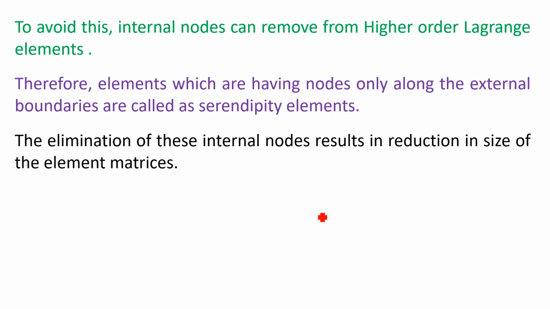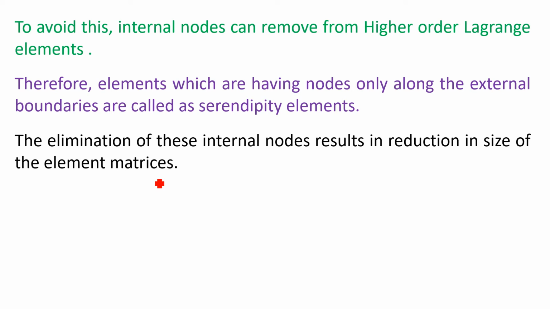The elimination of these internal nodes results in reduction in the size of element matrices, because we know that an increase in nodes increases the total degrees of freedom of the element, and if the degrees of freedom increase, all the matrices increase by the same size.